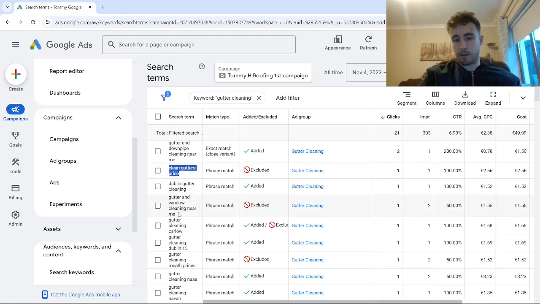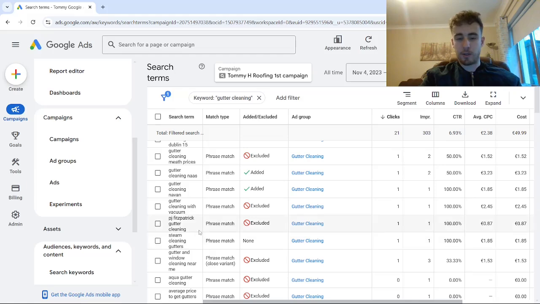Gutter and window cleaning near me, we didn't want to appear for anything that mentioned window cleaning, because we don't have any window cleaning mentioned in our ad. And quite another few negatives for that one keyword alone. For example, a competitor name here, and other search terms that are irrelevant to the keyword itself.